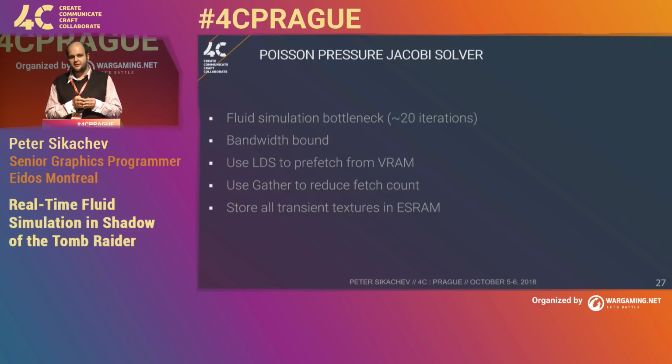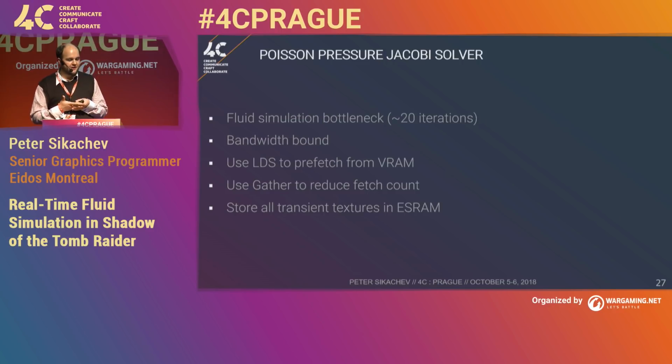You could use a Gauss method, but in parallel you need to go for an iterative approach, and that's what makes it hard. And as you could expect, it is bandwidth bound, because we're not doing many hard ALU operations, but we're fetching a lot of data. Then how do we optimize it?